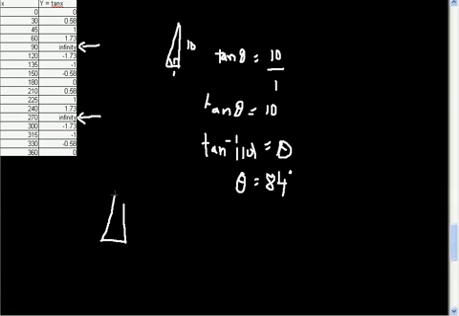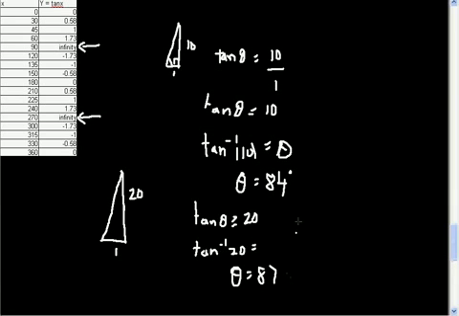Let me choose another triangle. This time I've made it even bigger, so I'll call that 20 and that 1. Again tan theta will be equal to 20, and the tan inverse of 20 is 87 degrees. So we're approaching 90. Let me choose another triangle. I'll make this opposite side really tall and the adjacent side really short, still a right angle triangle.